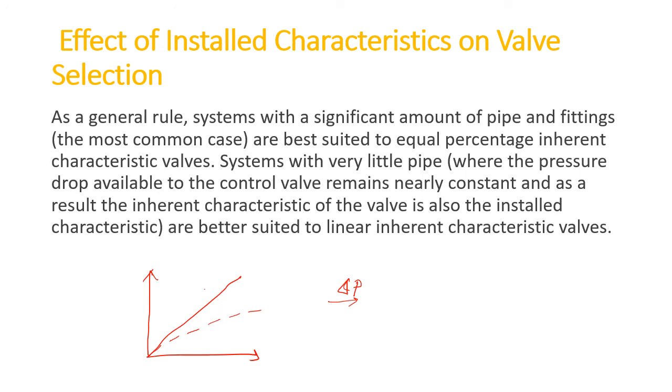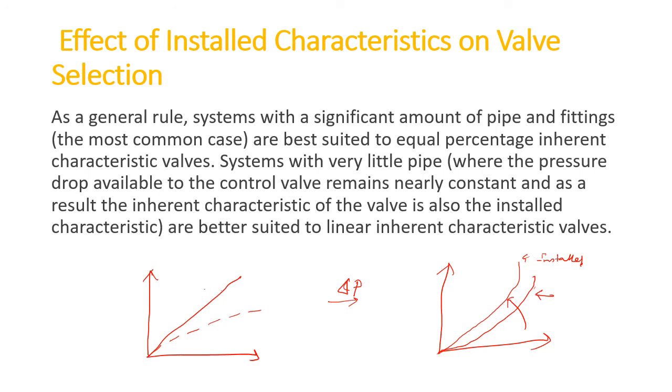Rather, in this situation, if we have an equal percentage characteristics valve, which looks like this in the inherent characteristics, when you install it, it goes closer to the linear curve. So this is the installed characteristics, and this is the inherent characteristics.